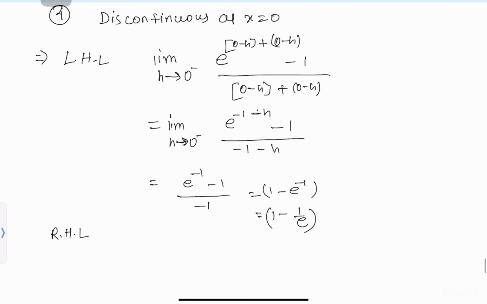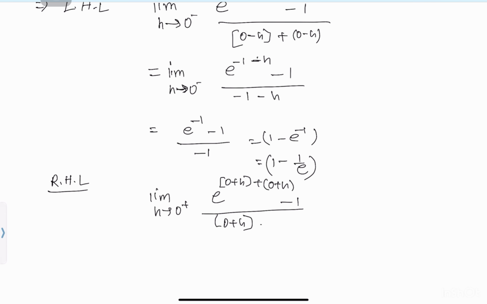Now let's find the right hand limit. Limit h tending to 0 positive, you have to replace x with 0 plus h, e to the power 0 plus h minus 1 divided by 0 plus h. Now tell me one thing, what is the value of box 0 plus h? Box 0 plus h will give you 0, because h is a positive number.